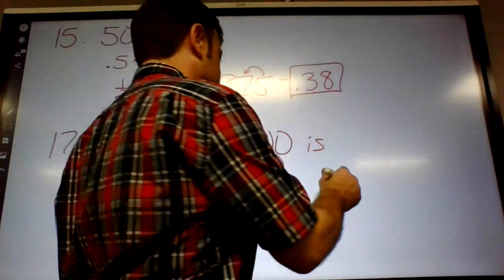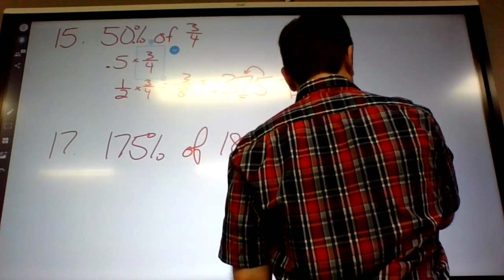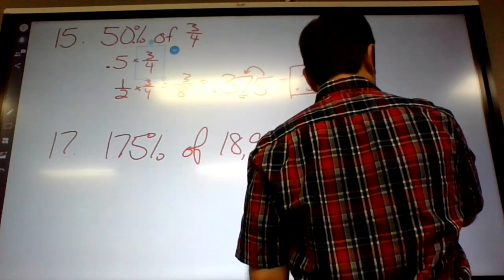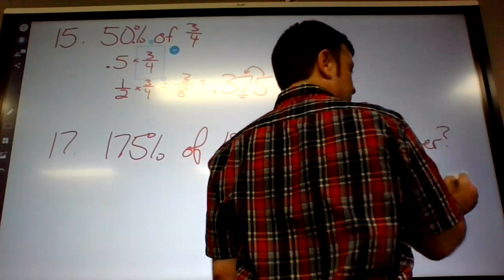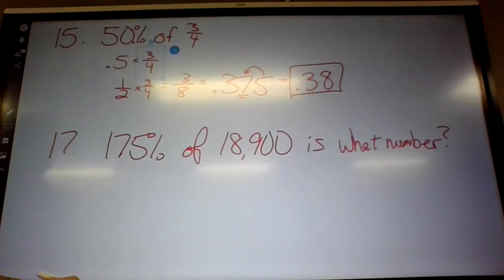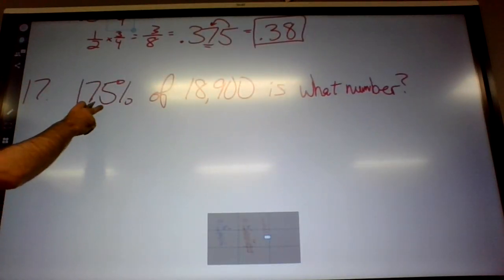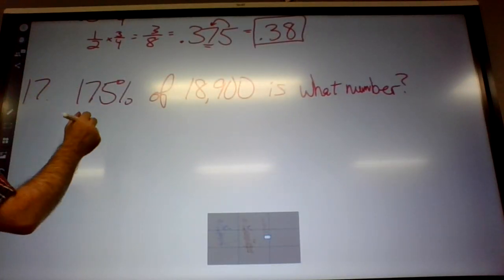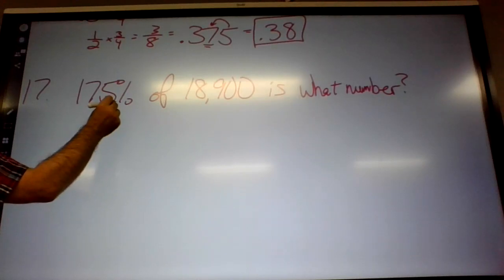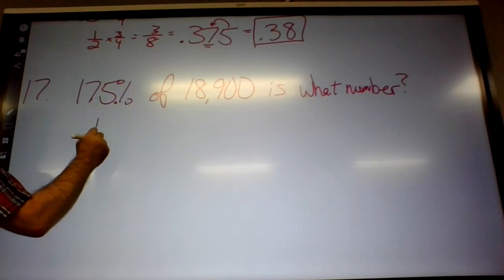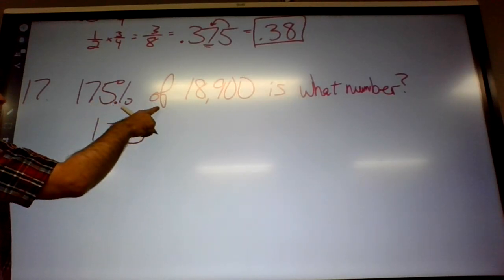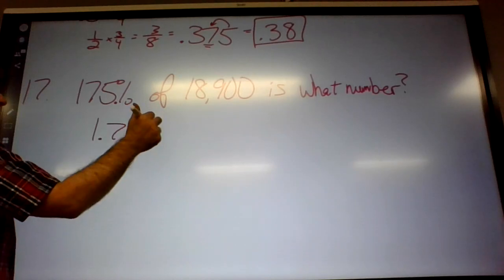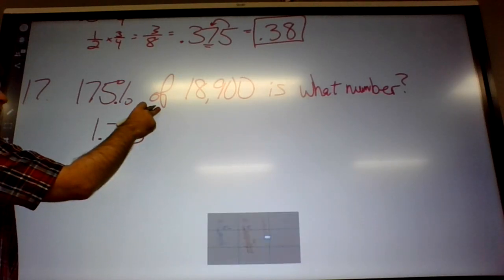Yeah, of course that makes sense. All right, Katie, what is this percent gonna change into? 1.75. Yep, 1.75 of 18,900. What does of turn into though?